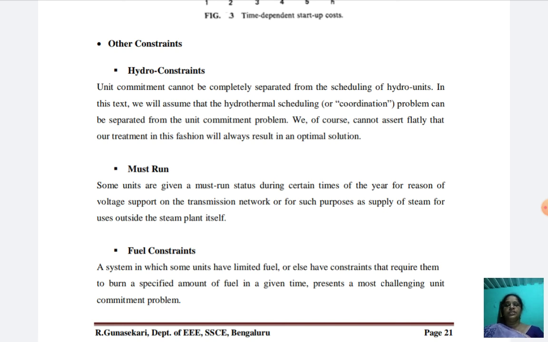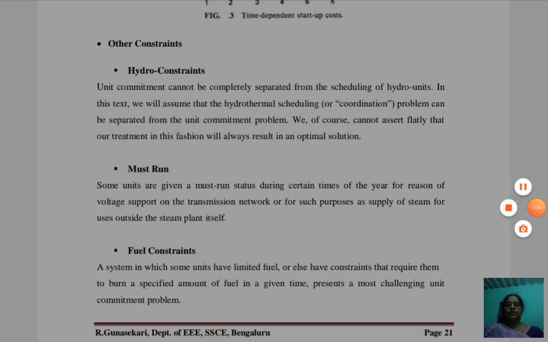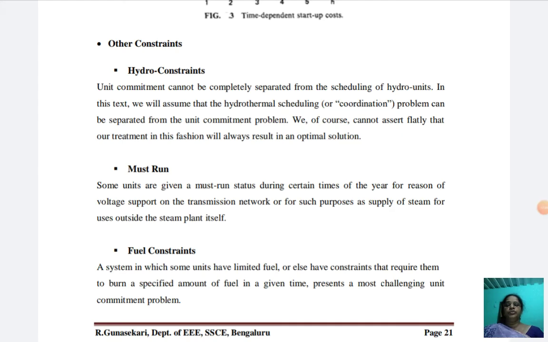The last one is the fuel constraints, a system in which some units have limited fuel or else have constraints that require them to burn a specified amount of fuel in a given time presents a most challenging unit commitment problem.